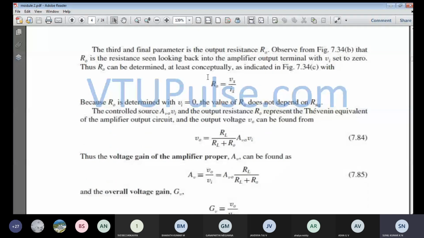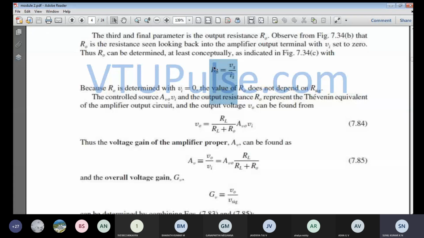And finally output resistance, how are we going to find out the output resistance? For any amplifier, we have to set the signal voltage to 0. V signal is equal to 0. So Vi will be equal to 0. So VGS is equal to 0. So now on the input side there is no contribution of resistance which is going to have an effect on the output resistance calculation.